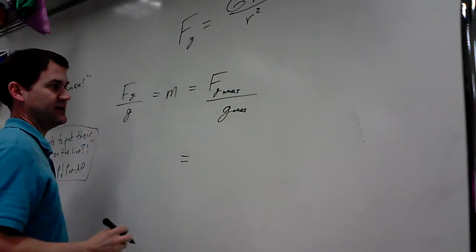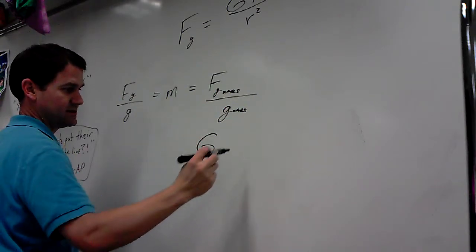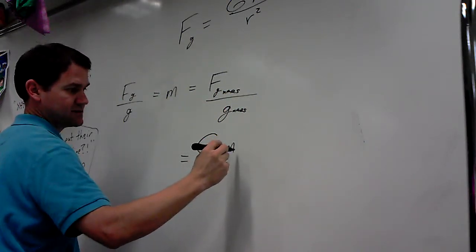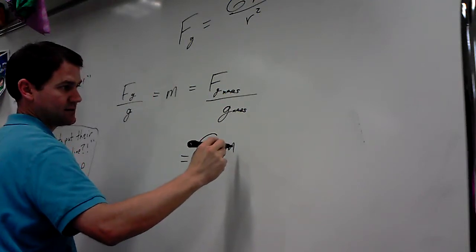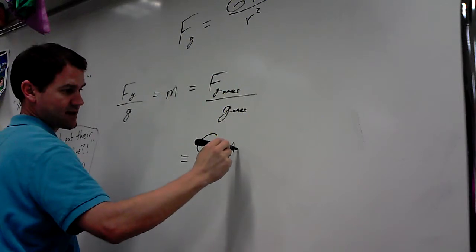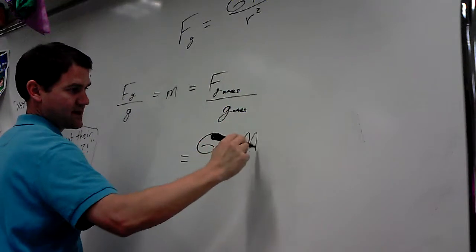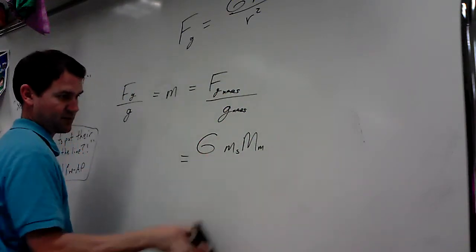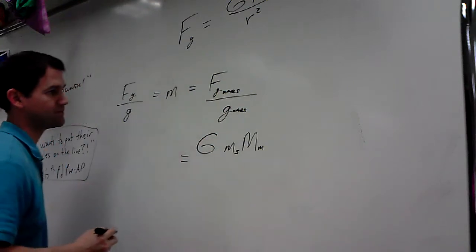So what is that? Well, the force of gravity on Mars is big G, mass of the satellite, it's a rover vehicle, times the mass of Mars. Okay, rover, whatever. We'll call it S for Sojourner.